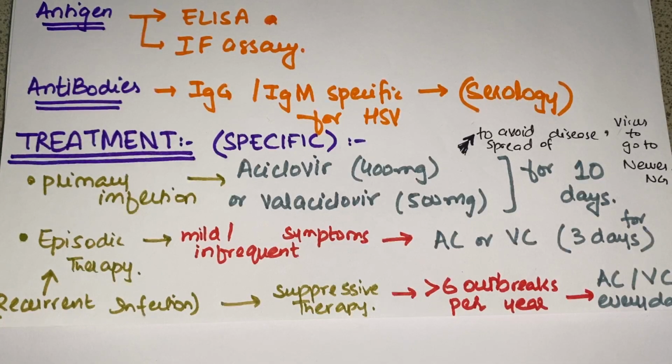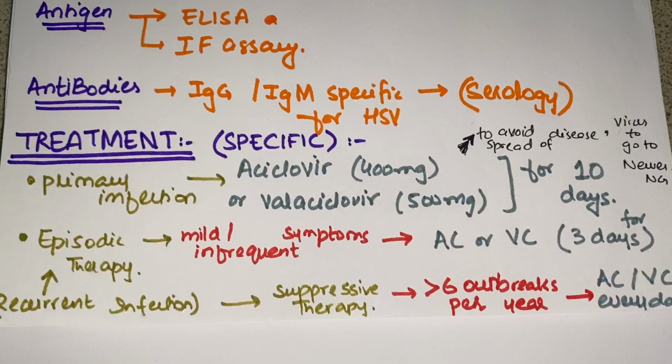But what if the patient has greater than 6 outbreaks per year? In that case we go for suppressive therapy. In suppressive therapy, we give acyclovir and valacyclovir every day to the patient, so that the frequency of outbreaks reduces and we can easily treat that patient.